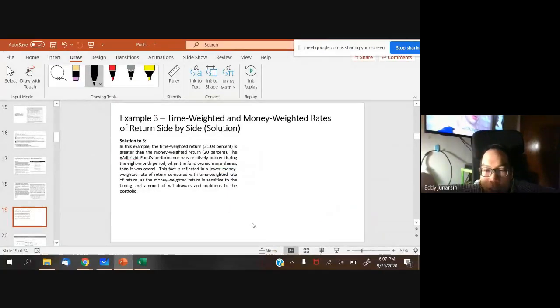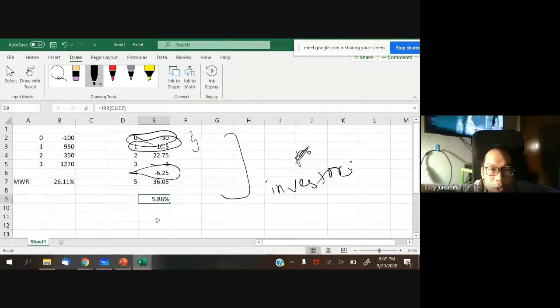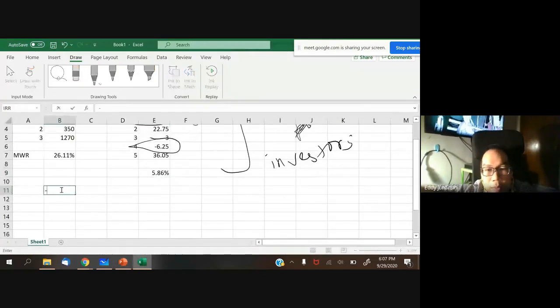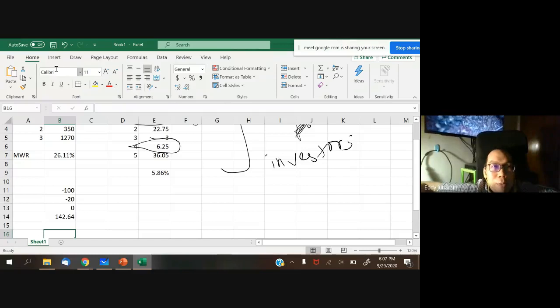So you put into the calculator here, right? -100, -20. Let's do it quickly. 0 and 142.64. We'll find the money weighted return, right?